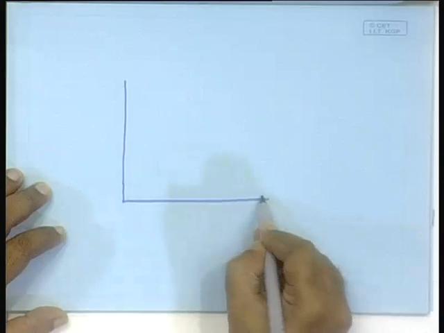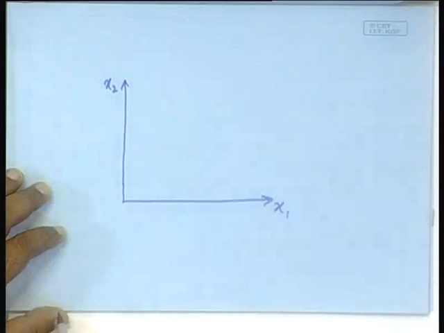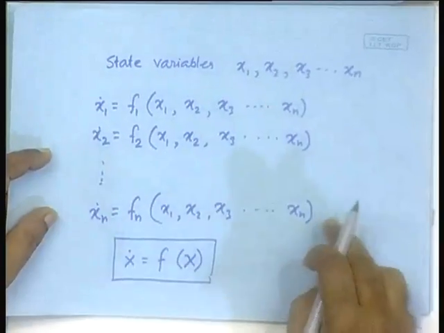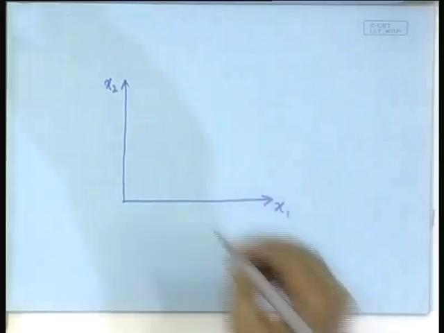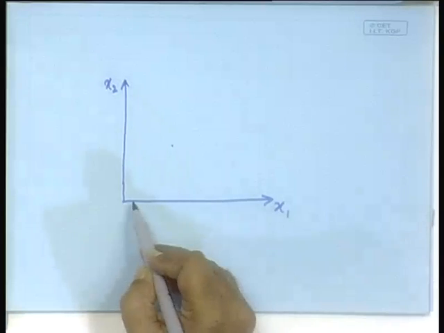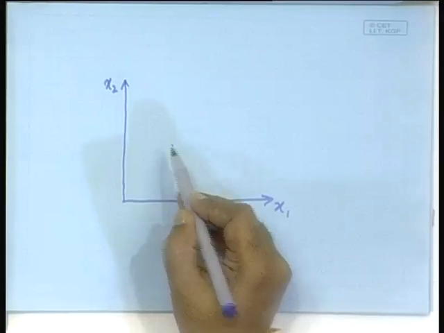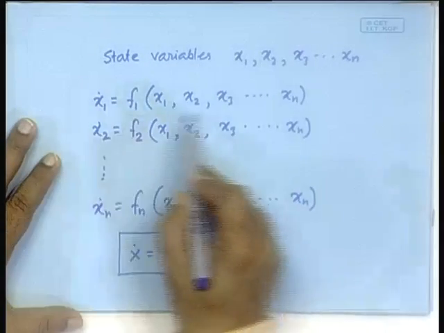You have say x 1 and x 2. What these differential equations actually specify is that, say if my point is here, which means that the system has a specific value of x 1 and a specific value of x 2. In that case, what would this say?